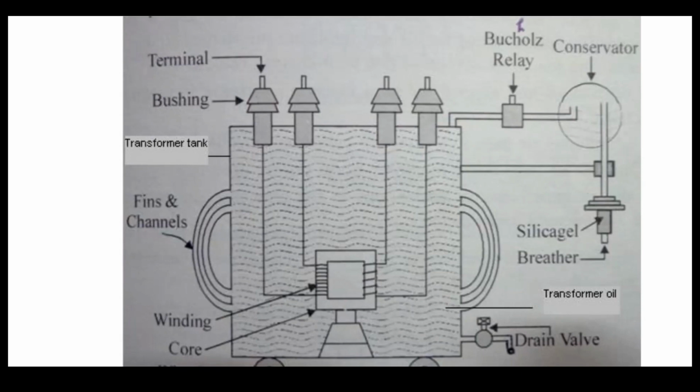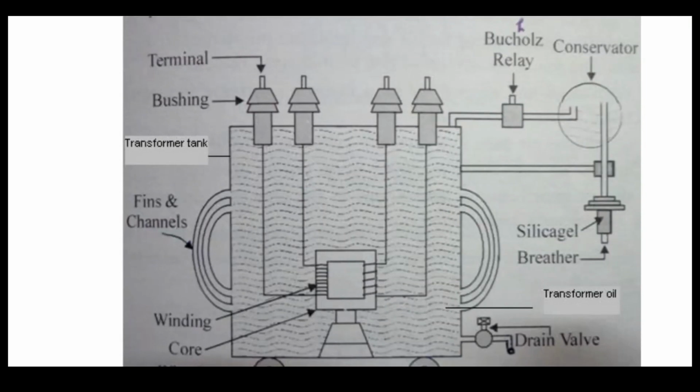The type of fault is identified in a way that whenever there is a burning or combustion of any parts, gases are produced.